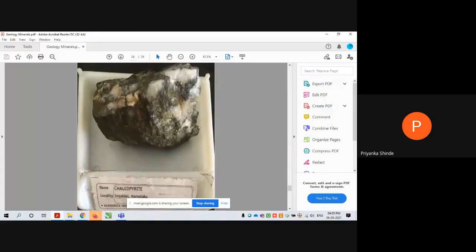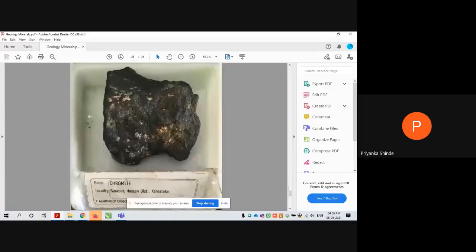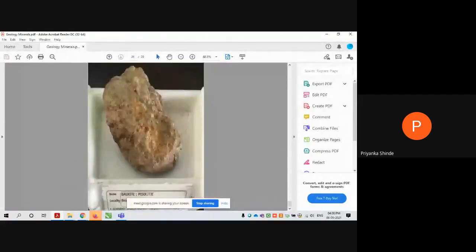In this, only the golden part you can see, not the white and black one, whatever is shining like a metal, that is chalcopyrite. Chromite is the chromium ore; from this you can extract chromium. Then from bauxite you can extract aluminium, so it is an ore of aluminium.